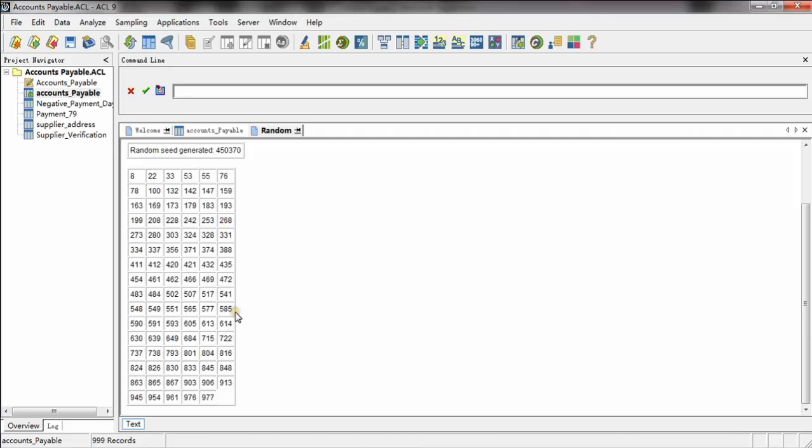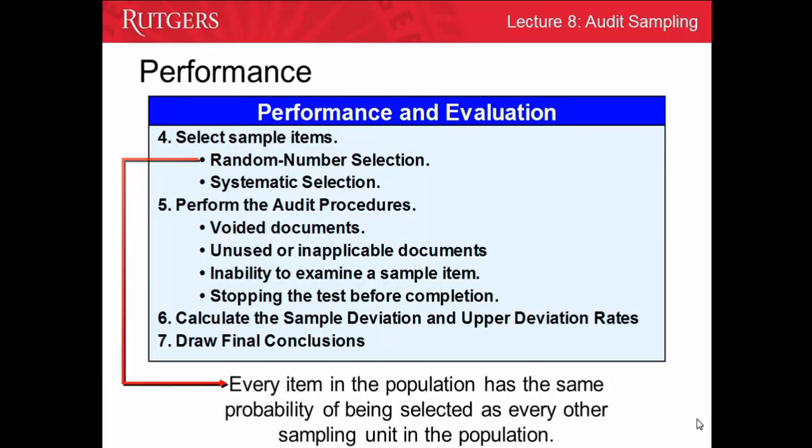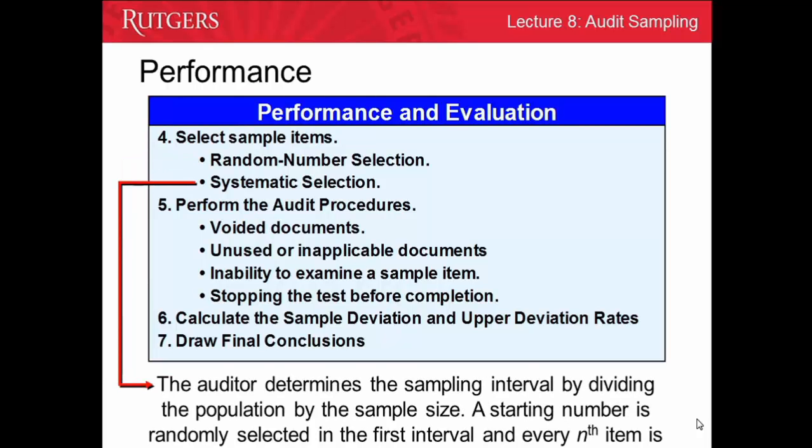So you can use these numbers to choose the records. Okay, let's go back to see the systematic selection.